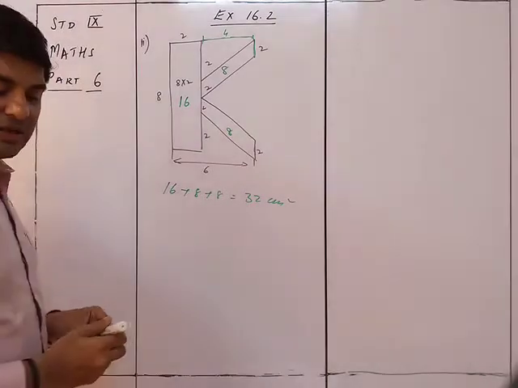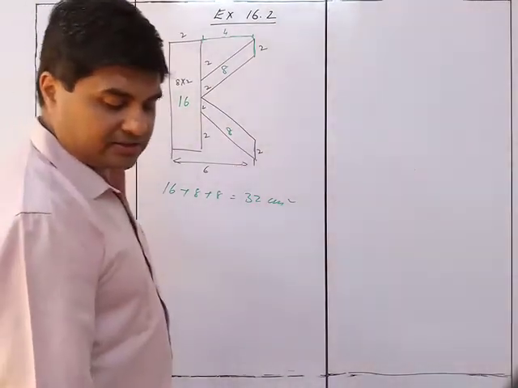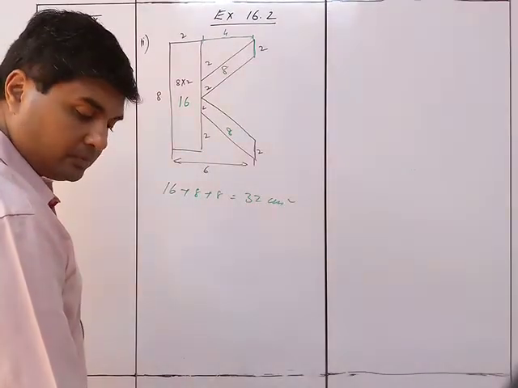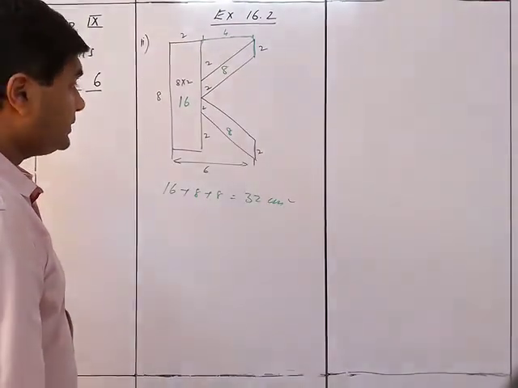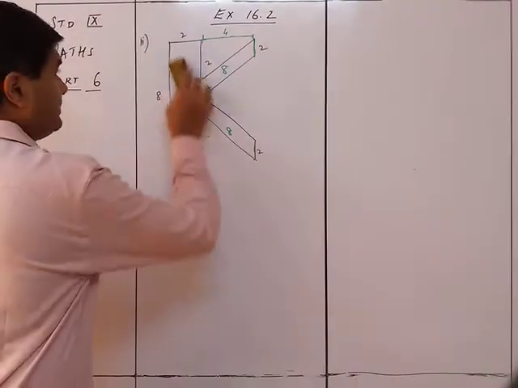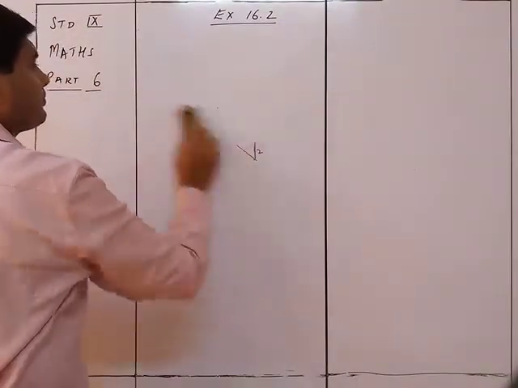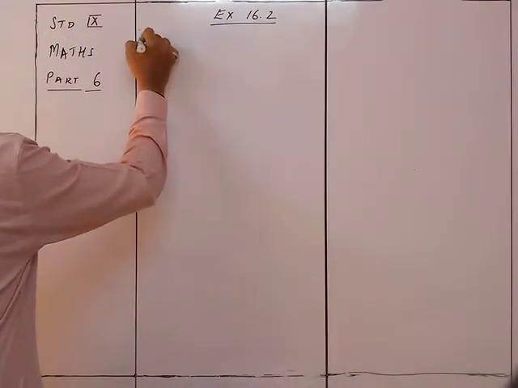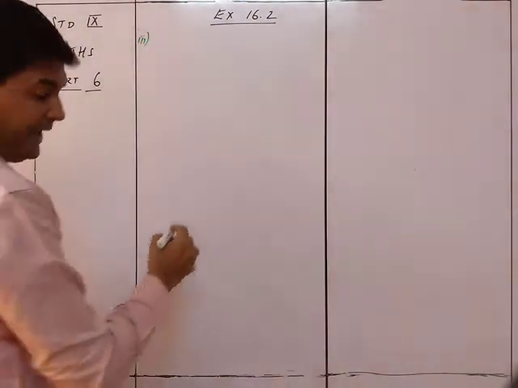So that will be the answer for the second one, 32 centimeters square. Got it? So this is how we are going to do the second sum. Now let's see the third sum. Okay, third sum, it's an M-shaped thing.